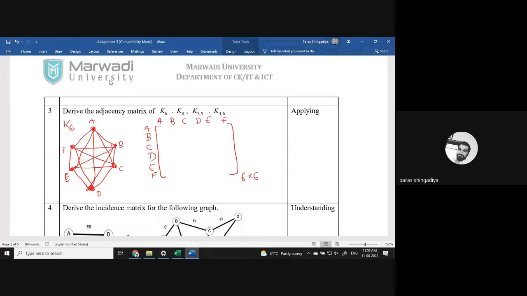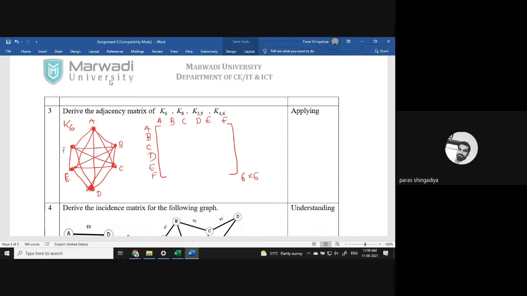A is connected with the other five, B is connected with the other five, but there is no loop at any vertex. What does it mean? The principal diagonal will be 0 and the rest of all entries will be 1.